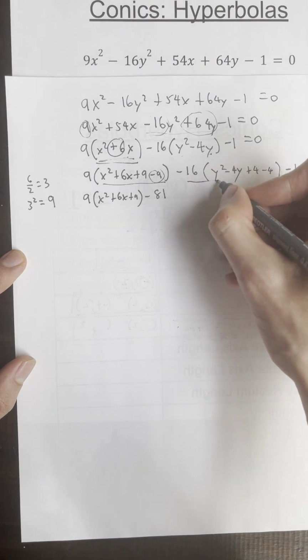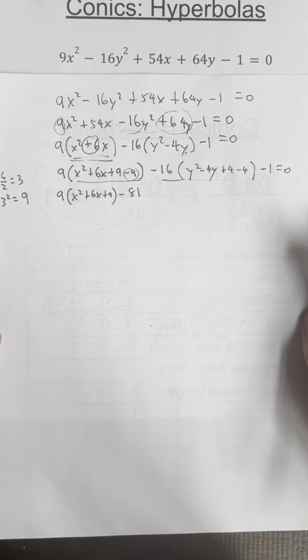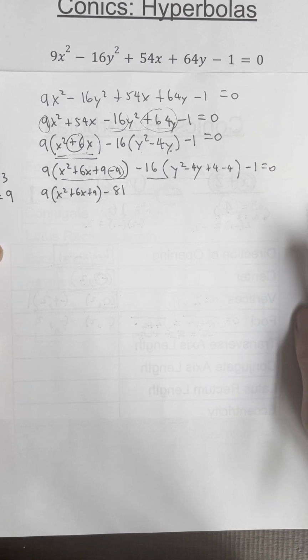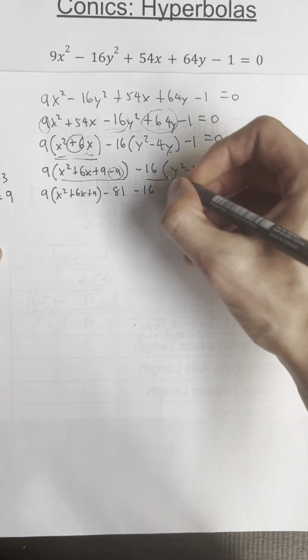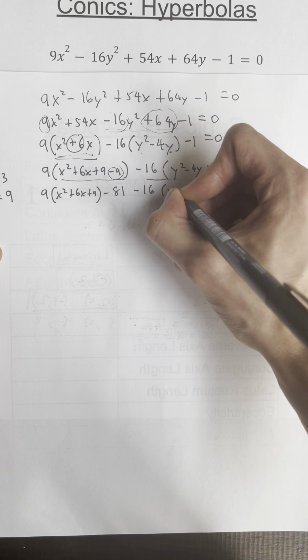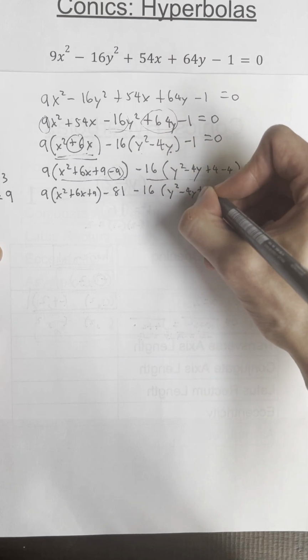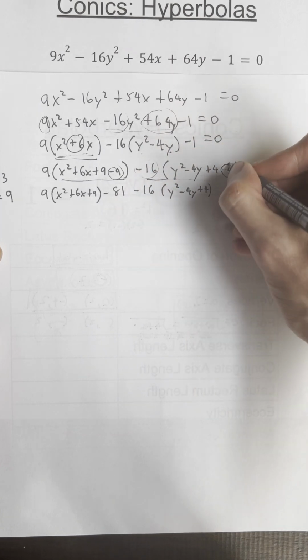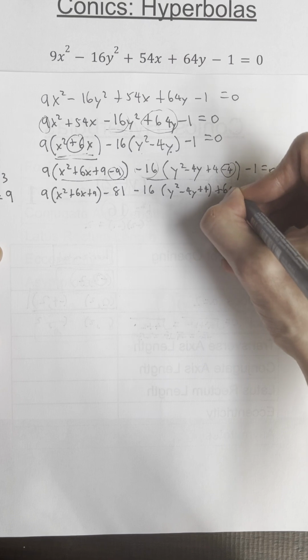I'll have you pause the video and repeat my steps with y. Okay, let's see what you got. y squared minus 4y plus 4, and then it's negative 16 times negative 4. So that's going to be a plus 64.